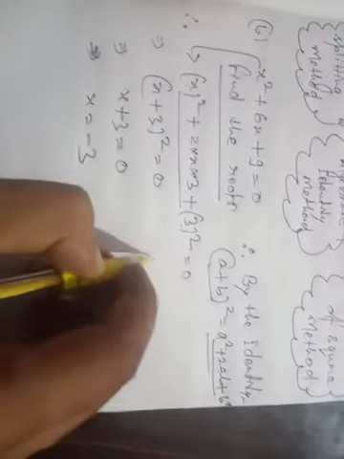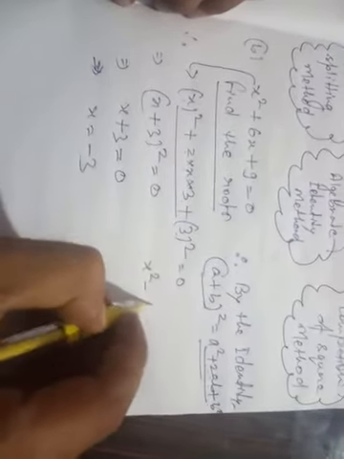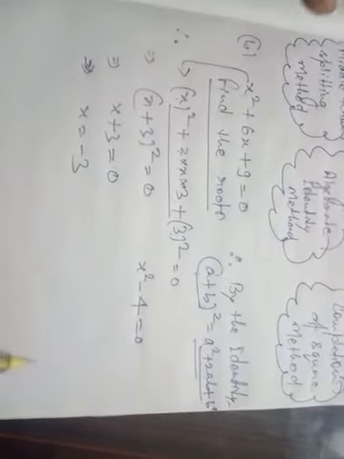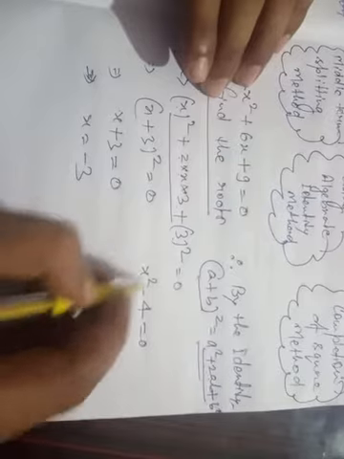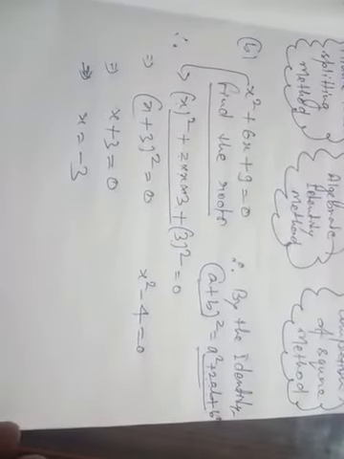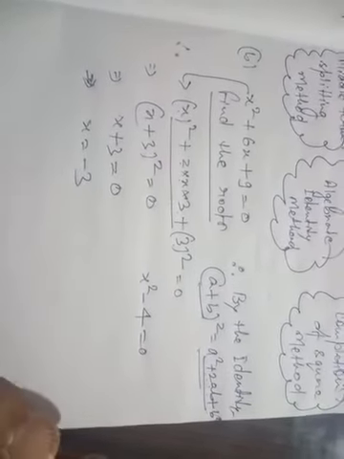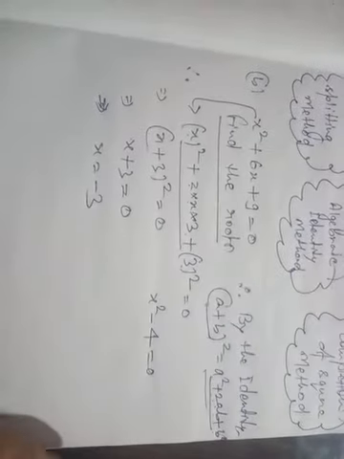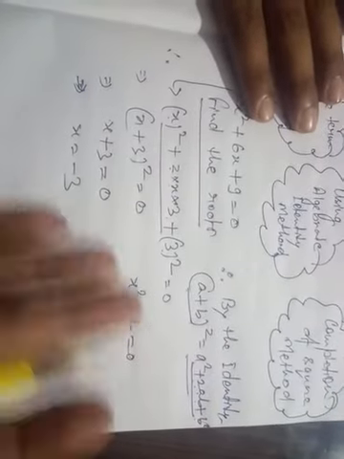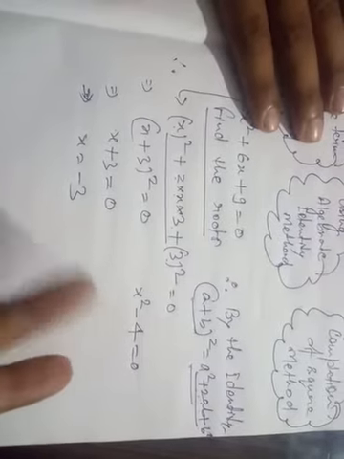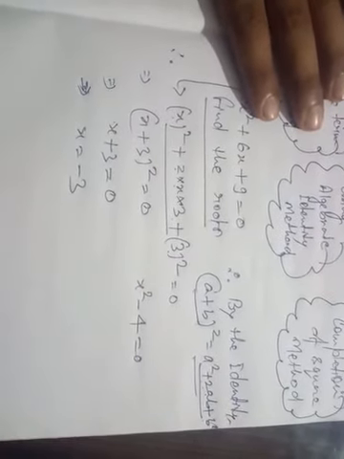I am going to another example. Suppose you have x square minus 4 equals 0, and you have to find out the roots. This is also a quadratic equation because the degree is 2. Whenever you get the degree 2, that will definitely be a quadratic equation. And that is also a pure quadratic equation because there is no x term. So if there is no x term, this is a pure quadratic equation.